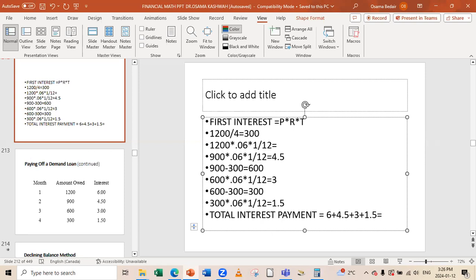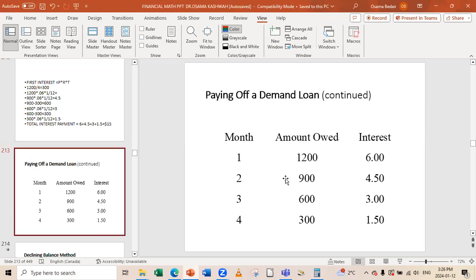All will come to $15. So I will pay $15 as interest when I am paying off the whole loan.